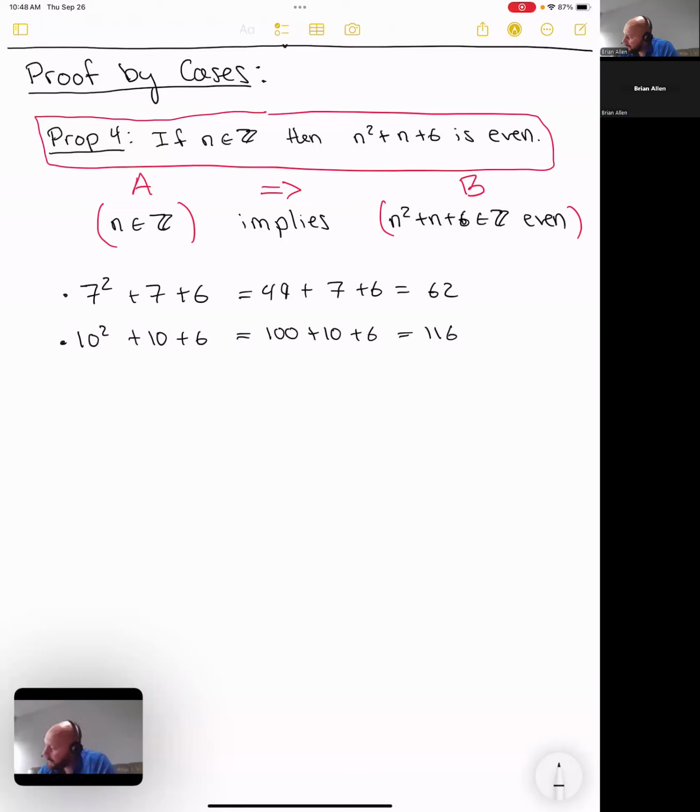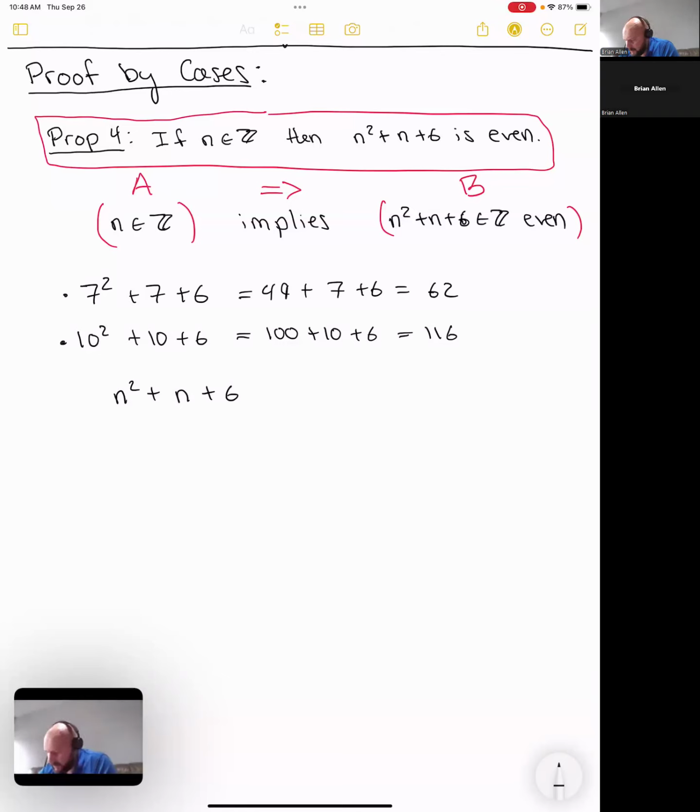Okay, good. Now, we're going to do this by proof by cases, and the reason is I want you to first realize that if you try to prove this directly, you're supposed to take any integer, and then take n squared plus n plus 6. Now you want to show that it is even.